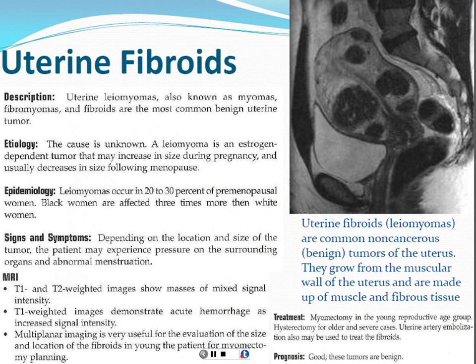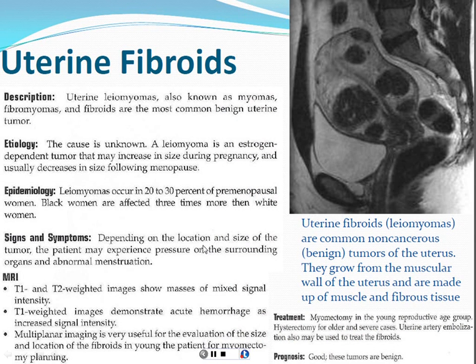This is another entity that MRI is particularly useful for. Patients who have uterine fibroids can have a lot of different complaints: pelvic pain, fullness, excessive bleeding, and that kind of thing. Our test of choice to start with, for the uterus and the ovaries, is usually a pelvic ultrasound.